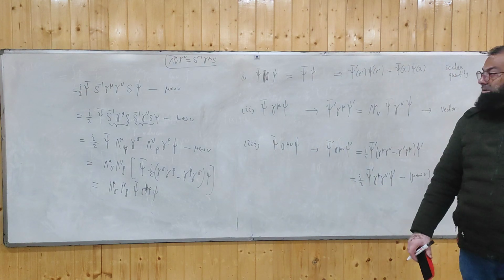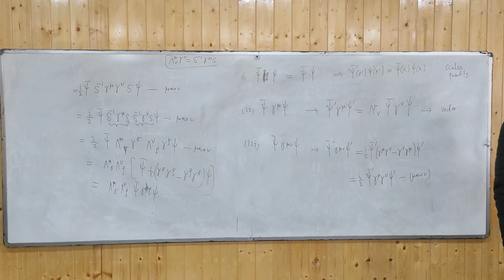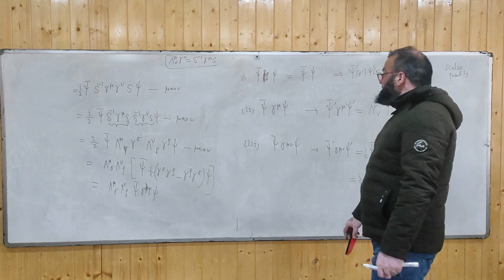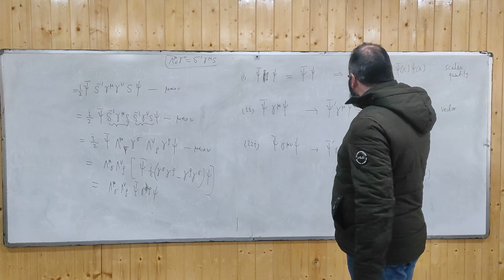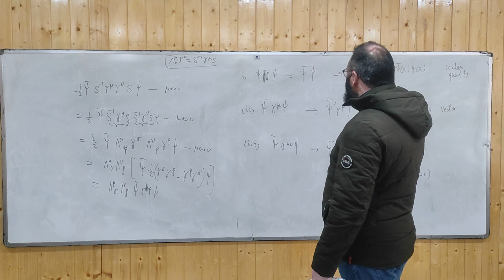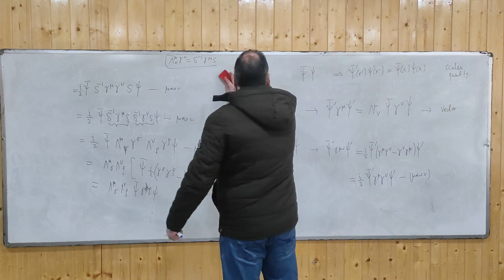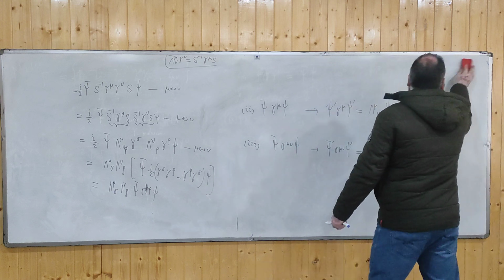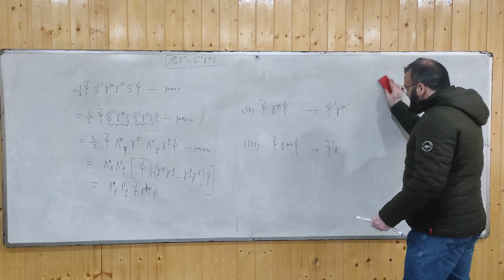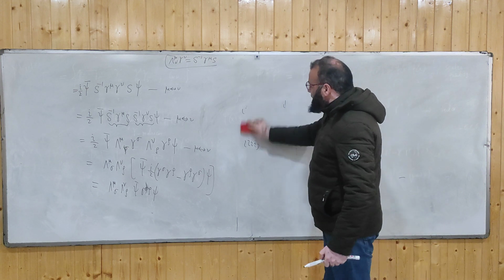Clear? Now let's look at gamma 5. Gamma 5 is used when there is a parity involved.